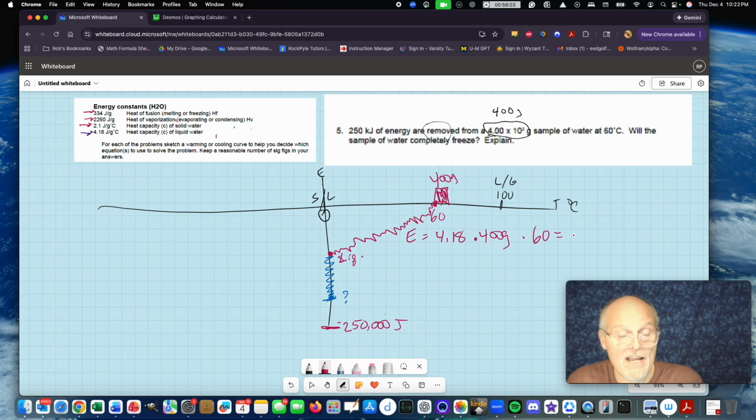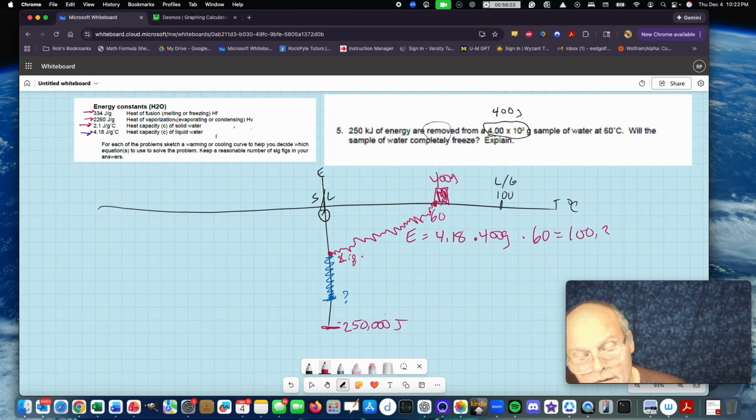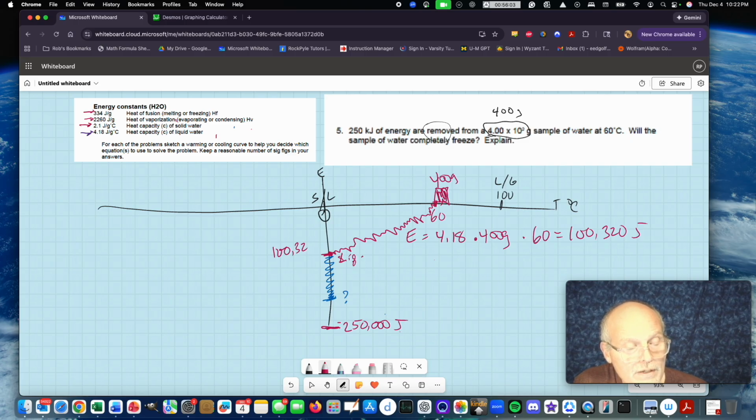So my first step to get everything to liquid water at 0 degrees is 100,320 joules. So that's this point here, 100,320, and because we understand the problem, we're going to put that as a negative.